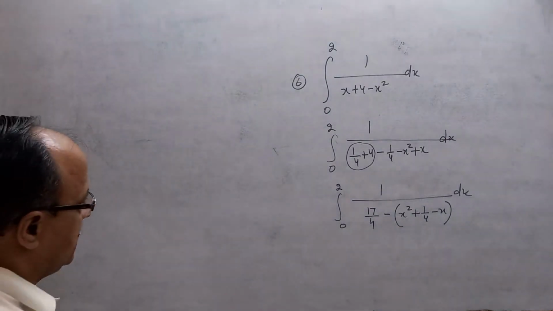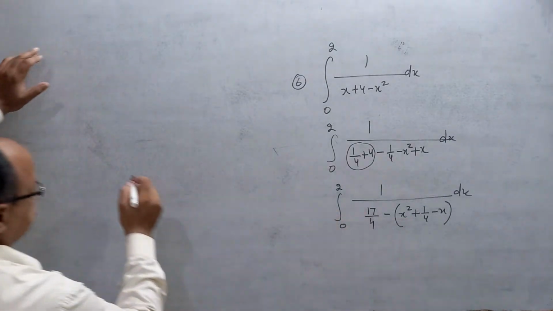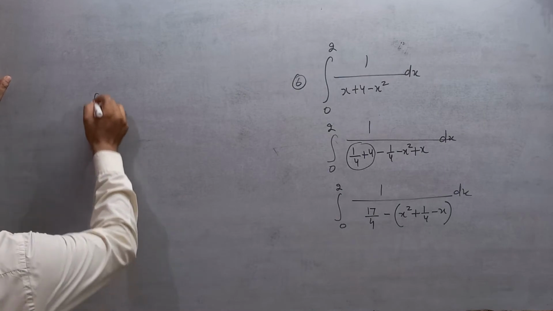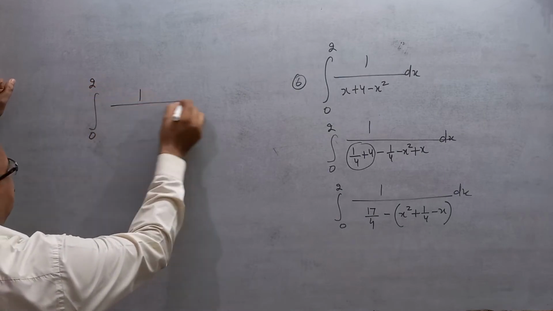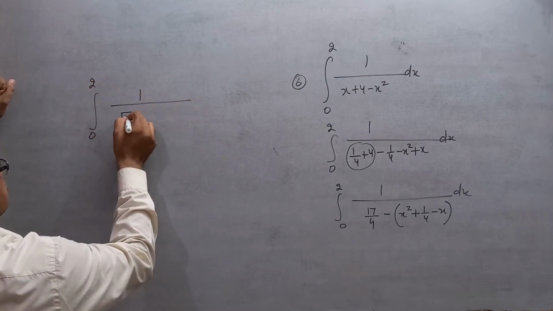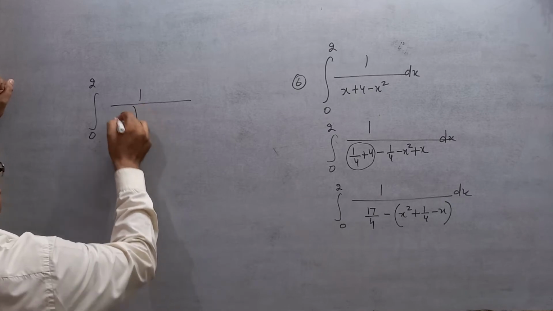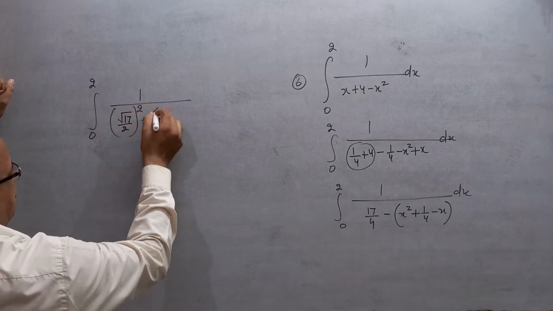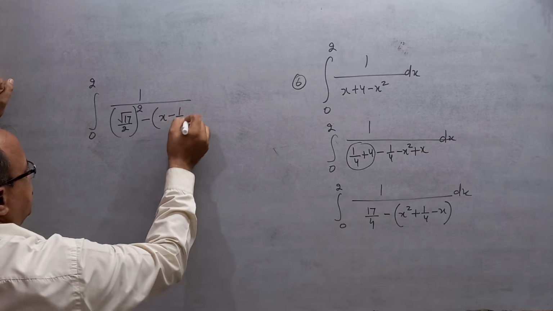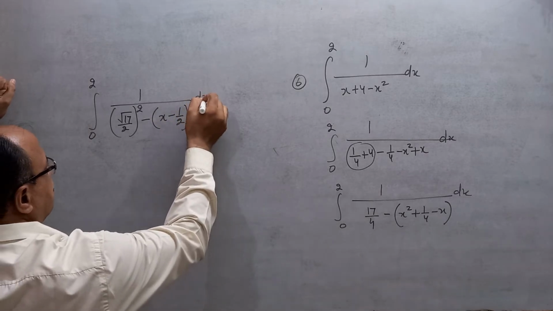Correct? And you know that it is a perfect square. Integral from 0 to 2, 1 upon root 17 by 2 whole square minus x minus 1 by 2 whole square dx.